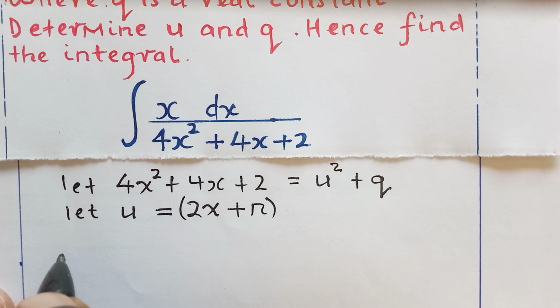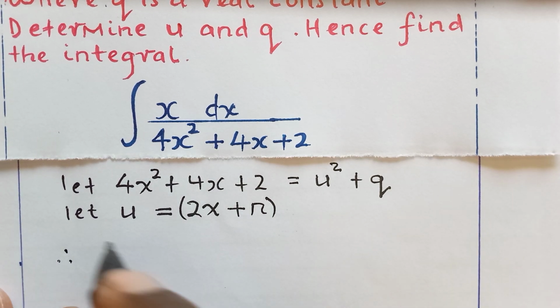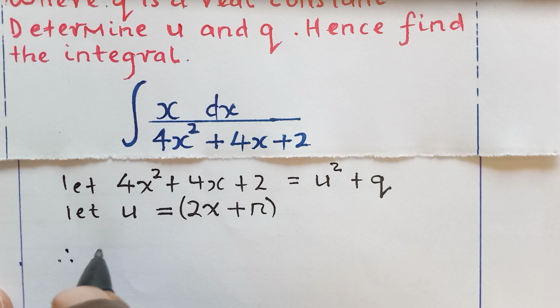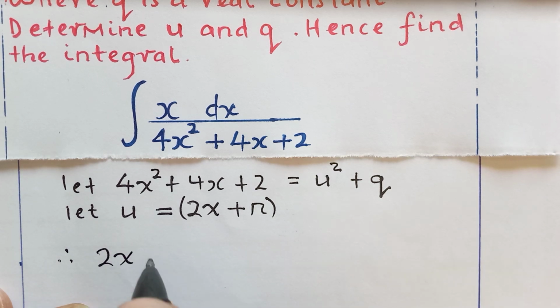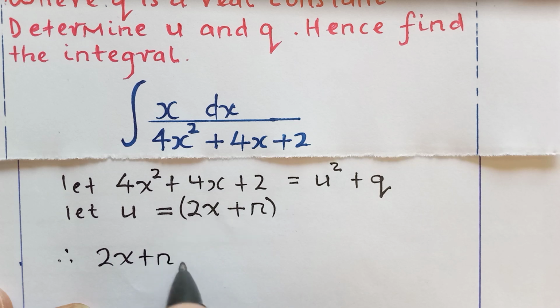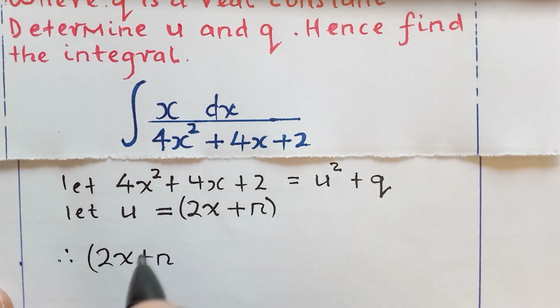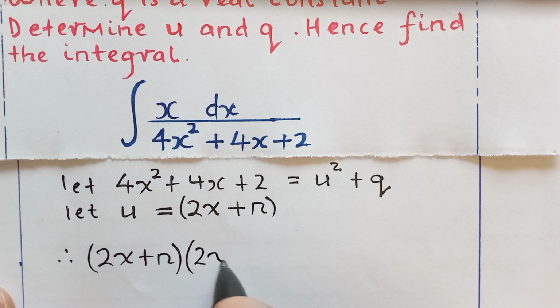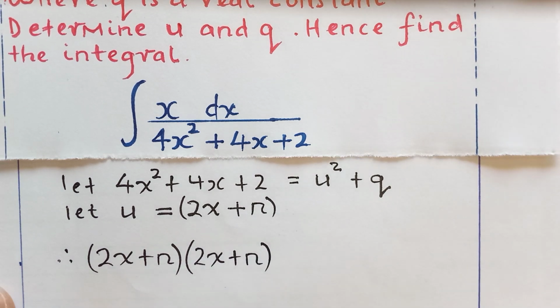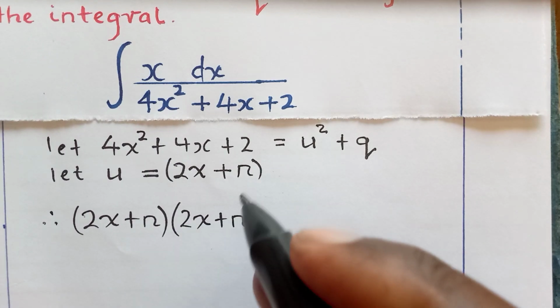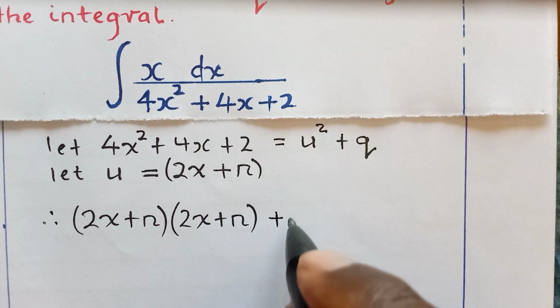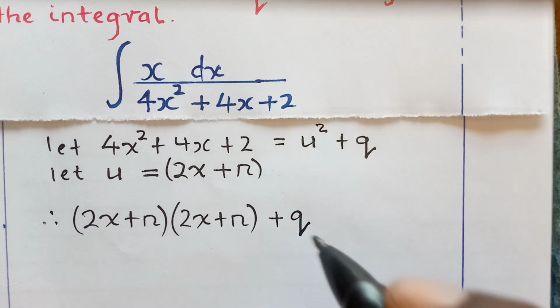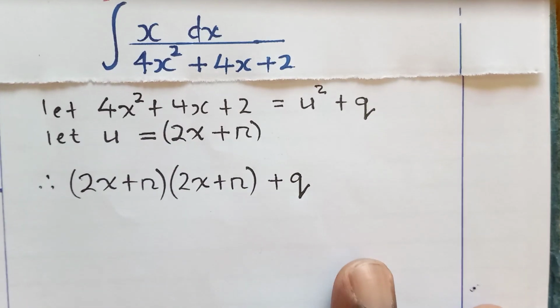And so therefore, we will have u squared, which is 2x plus n. You square that, maybe I can square it here, 2x plus n, like that. Now plus q.